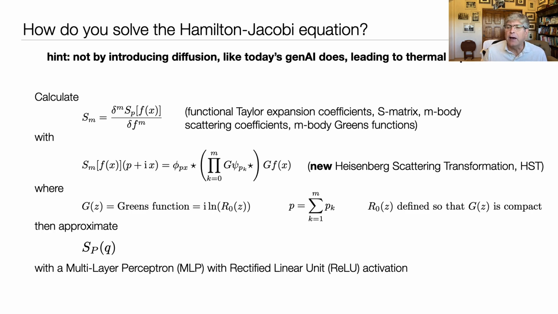Current genAI solves the Hamilton-Jacobi equation by introducing a significant amount of diffusion that drives the system to statistical equilibrium. They call this a diffusion model. It solves for the ensemble in statistical equilibrium by using the Metropolis, better known as the Rosenbluth method.